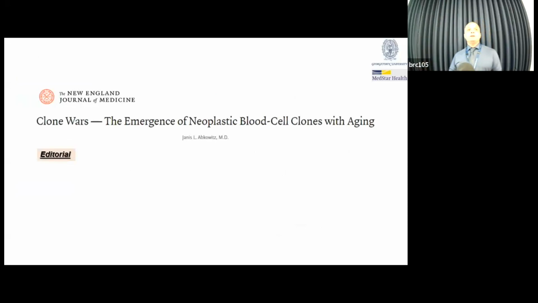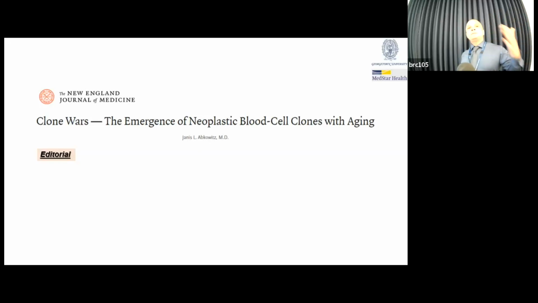All right, let's go to the knowns and unknowns of leukemogenesis. So this is a publication that is pivotal in the work on clonal hematopoiesis. It was in 2014, followed by this editorial. Let's read it. Clones of words, the emergence of neoplastic blood cell clones with aging. So here we can extract 2 main ideas. Number one is that these clones can pre-exist.